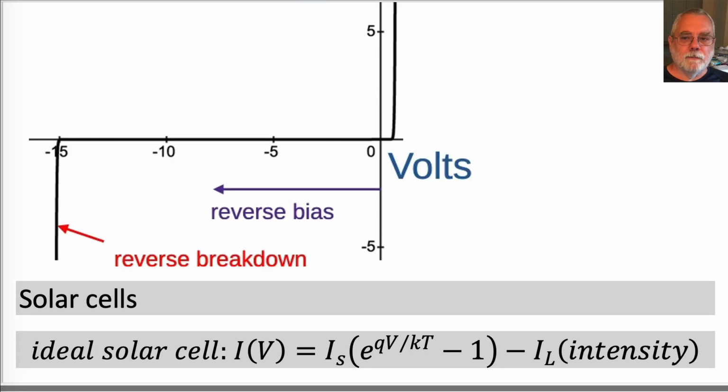When a solar cell absorbs light, we get the I sub L current term on the right. This term is negative in the ordinary diode convention. The contact of the p-type anode is sourcing positive current into the external load.